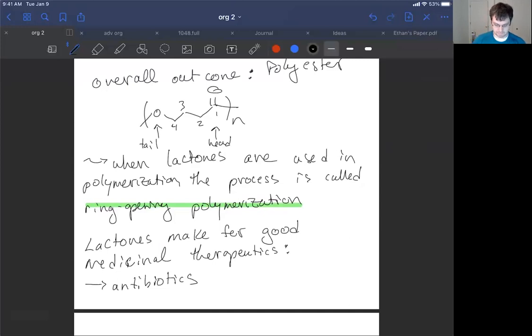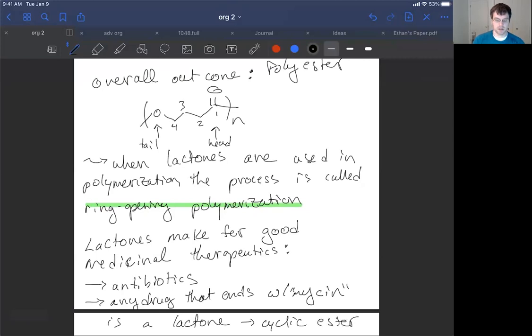But we see them with both penicillin and non-penicillin antibiotics. Basically, any drug that ends with icin, really mycin, is a lactone, and a lactone is a cyclic ester.